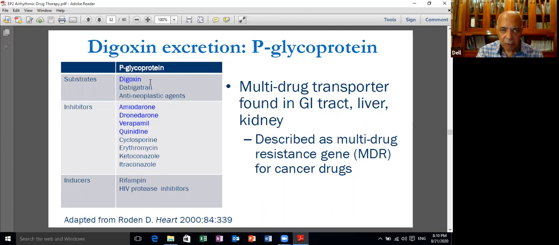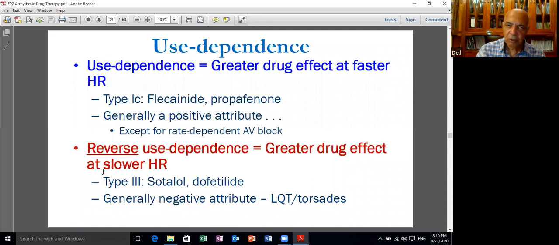But these are the two cardiac drugs which are metabolized by the glycoprotein. And these are the inhibitors for the enzyme. Again, if you have inhibition, you get elevation of the drug level. And if you have induction of this enzyme, you get decrease of the drug effect. So you should be cognizant of this because this is the subject of examination.